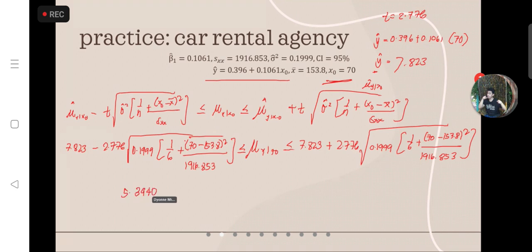Okay, less than or equal to our mean at x at 70, less than or equal to the other side, 10.2520.